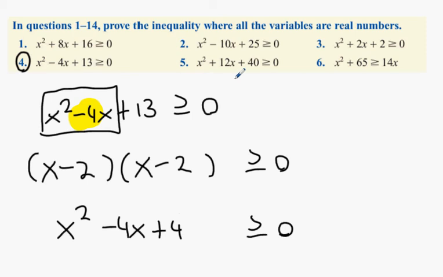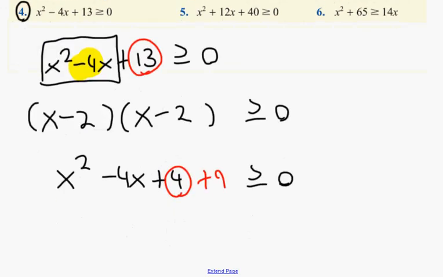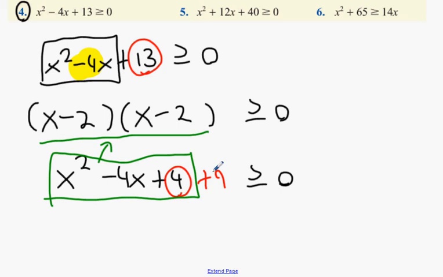Now, yeah, what Josh said is correct. The problem here is that it's exactly the same, except one of them's a plus 13 and the other one's a plus 4. To correct this, I put in a plus 9 at the end. And then once I've done this, what I do is I get this part here and I change it back into this here. It's the same thing.